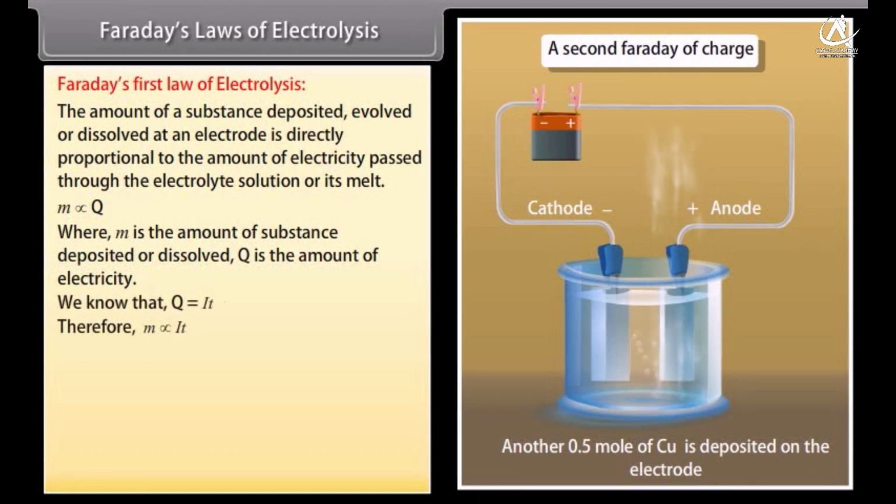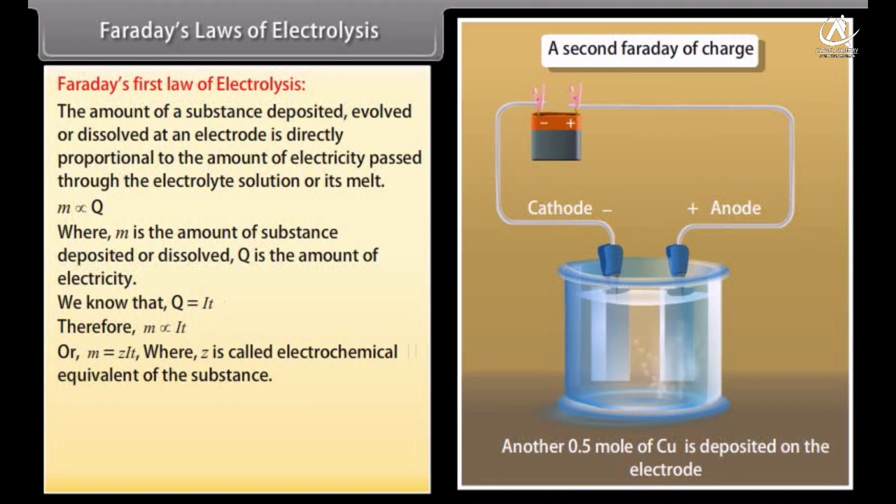We know that Q is equal to I times T. Therefore, M is directly proportional to I T. It can be written as M is equal to Z I T, where Z is called electrochemical equivalent of the substance.